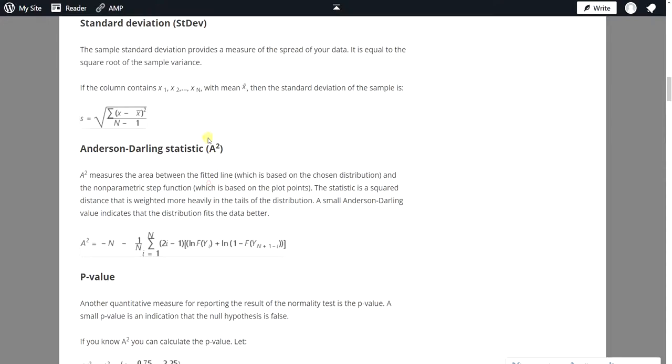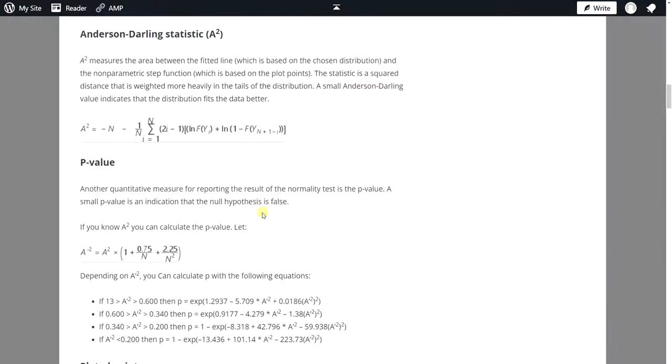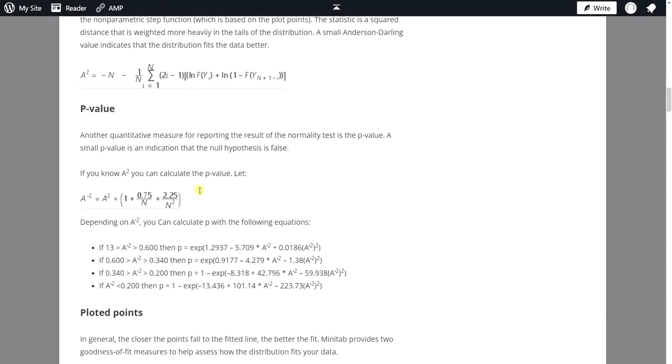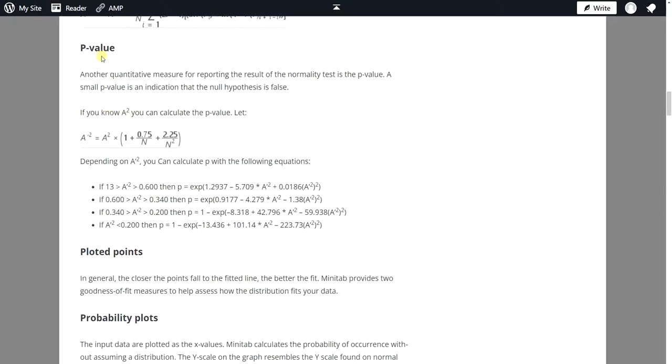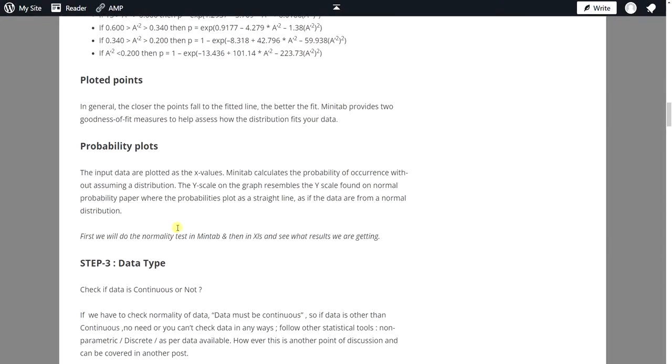Based on the AD, and AD is calculated from the mean and standard deviation. So whatever is AD star or AD dash, based on that the p-value is calculated, and we'll see this in Excel and Minitab both so that you understand.